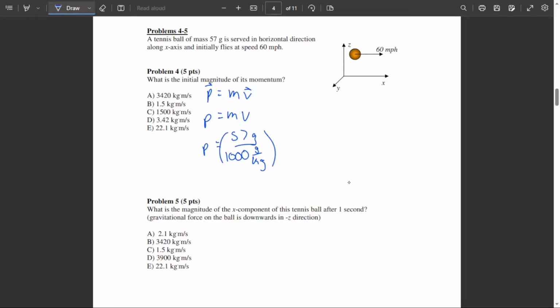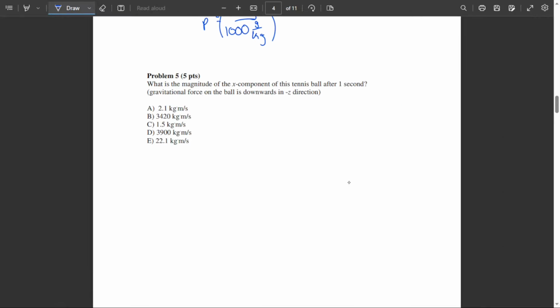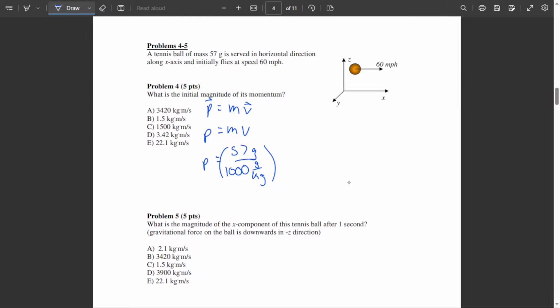And then our speed is 60 miles per hour. We need to convert to meters per second. It's actually a very annoying conversion, huh? Let's see.